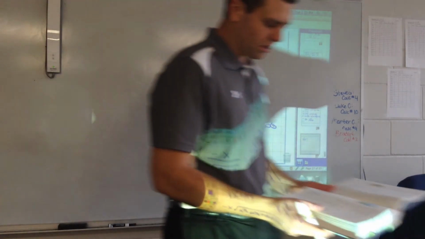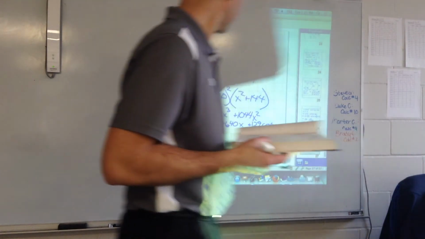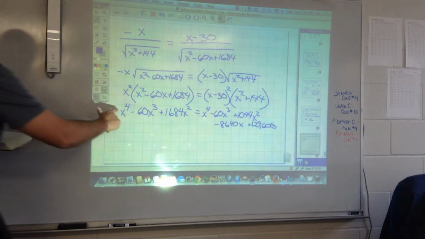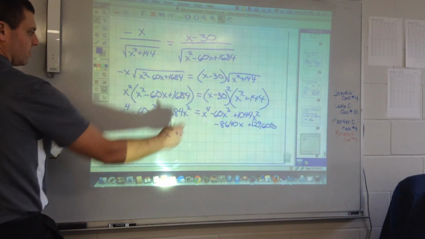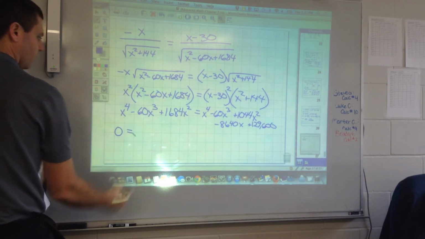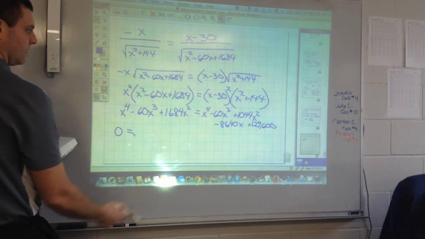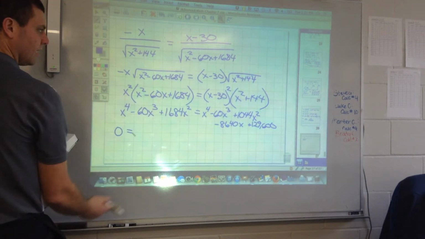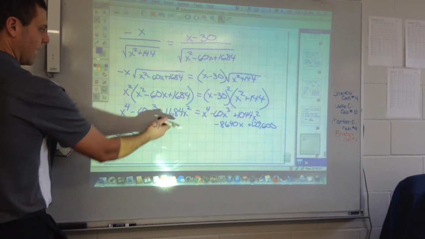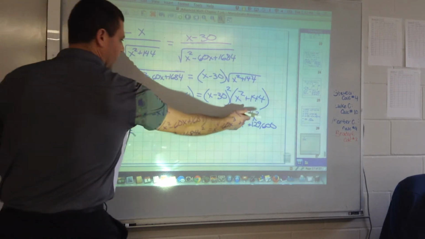Then let's set it equal to 0. Is that plus 129,600? Yep. If you subtract x to the 4th from both sides, those are gone. Add 60x cubed to both sides, those are gone. Subtract 1684x squared from this.